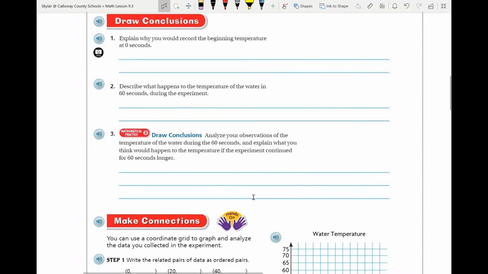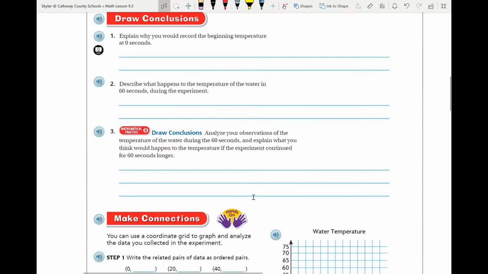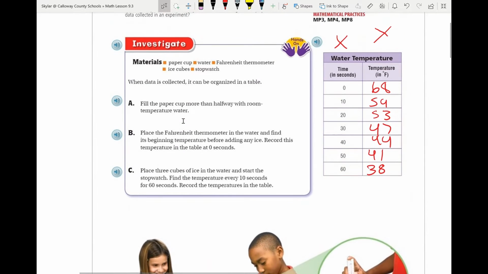So if we look at these questions, number one, why would you record the beginning temperature at 0 seconds? Well, you want to know what temperature the water's at before you actually start. Number two, describe what happens to the temperature of the water in 60 seconds during the experiment. So, if we look at these numbers, 68 to 59, that's 9 degrees different in just 10 seconds.